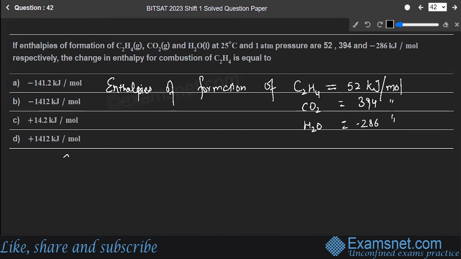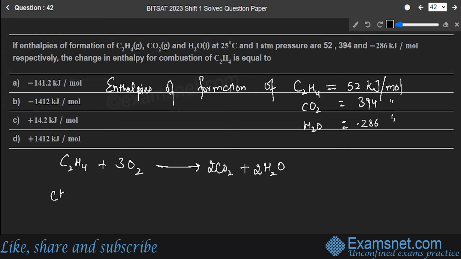So let's write down the reaction. You have C2H4 plus oxygen. This gives you carbon dioxide and water. Right, it's balanced. So here you have 2. If you're having 2, the oxygen becomes 3 for C2H4. Fine.